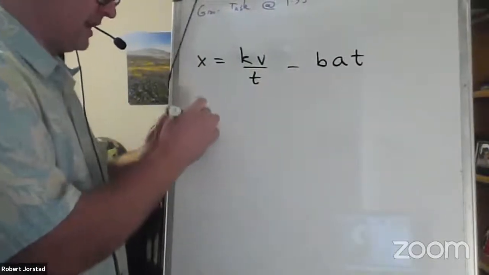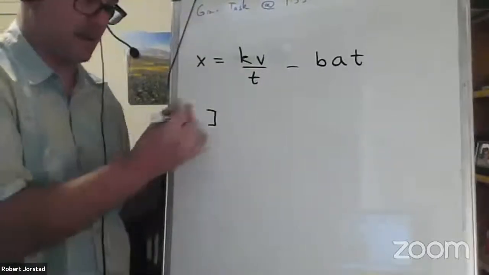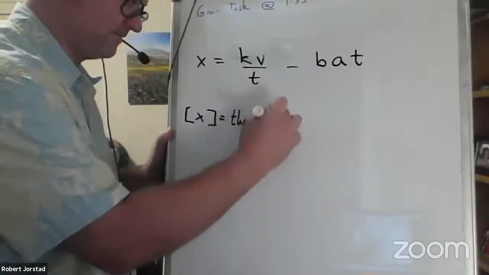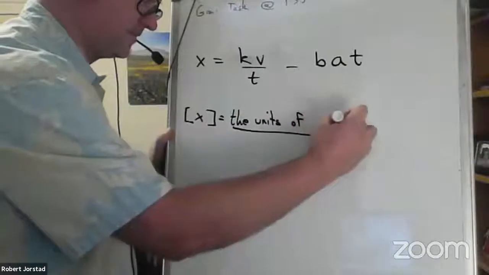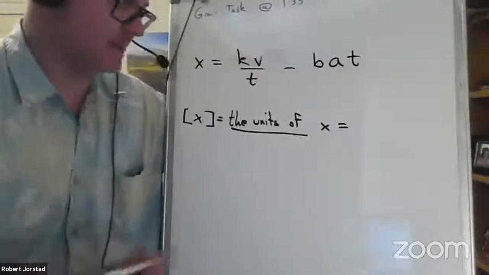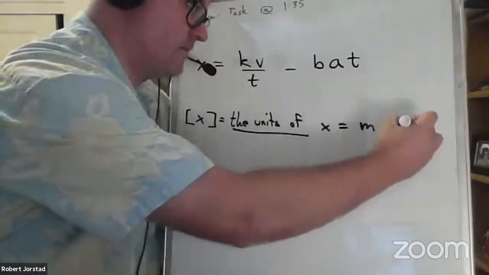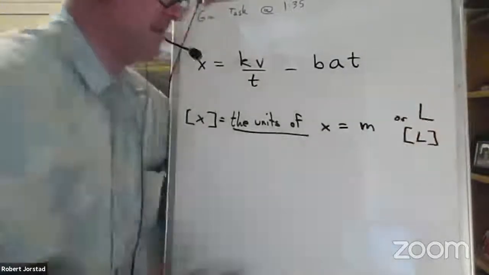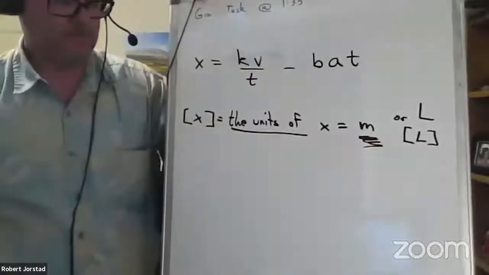The units of, this is how I write the units of x. Typically, when you see a letter X in a physics class, it has units of meters. Sometimes you'll see people write it like this, or just a capital L sometimes, but I just generally use meters.